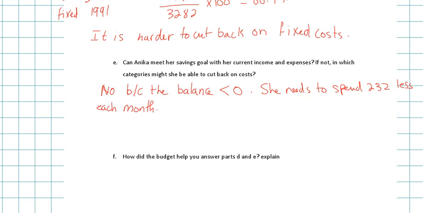Restaurants, right? She spends a lot of money on restaurants, maybe she wants to cut the restaurants and cook more at home. She could cut the cable. She's not sitting at home.